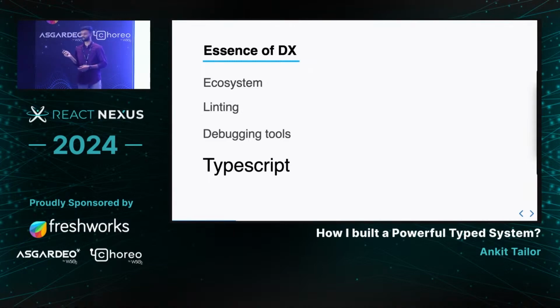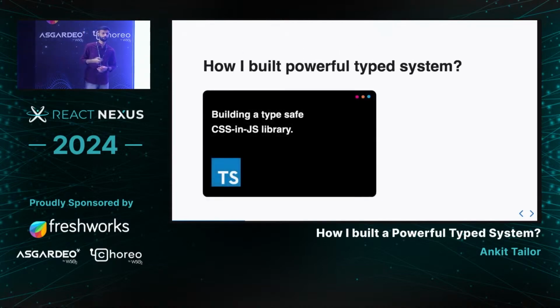For today's talk, we are mostly going to talk about TypeScript, and how I built a powerful typed system. For the past 1.5 years, I have been building a CSS-in-JS library, and for a CSS-in-JS library, good TypeScript support is a must.